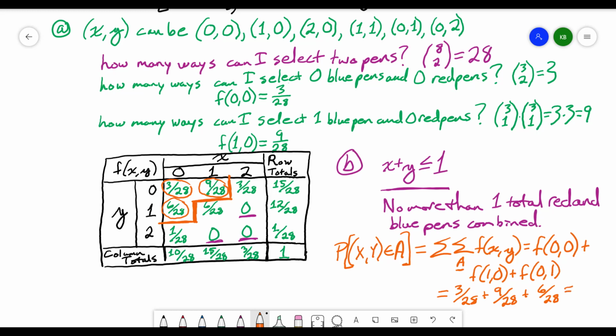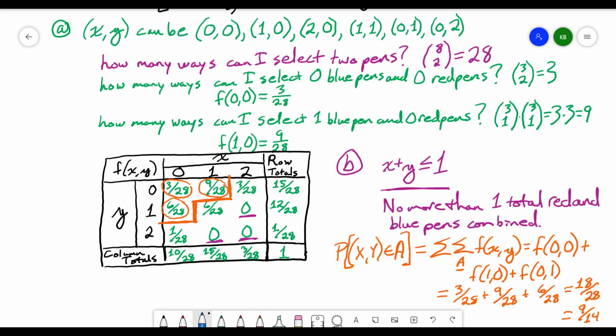And when I add these together, I get 18/28, which I can simplify down to 9/14. And that is the probability that I have no more than one total red and blue pen combined.